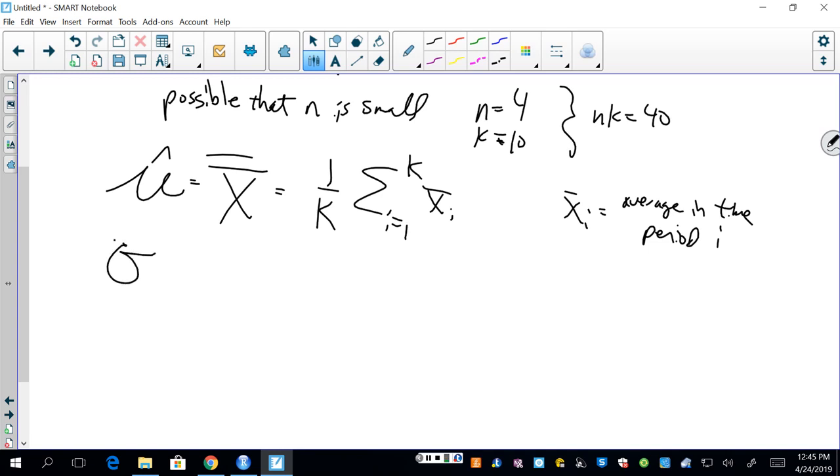What do you do for sigma? Well, they let S bar equal the sum from i = 1 to k of the standard deviations S_i over k. The standard deviation of the measurements in each time period. It says to do those.